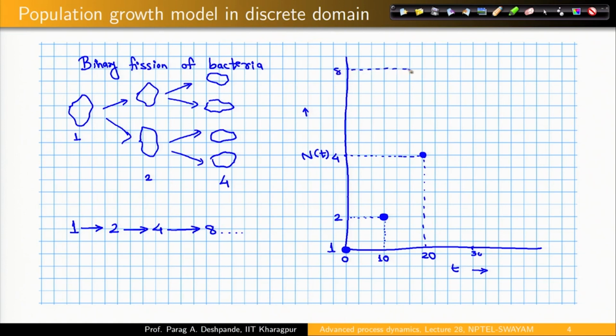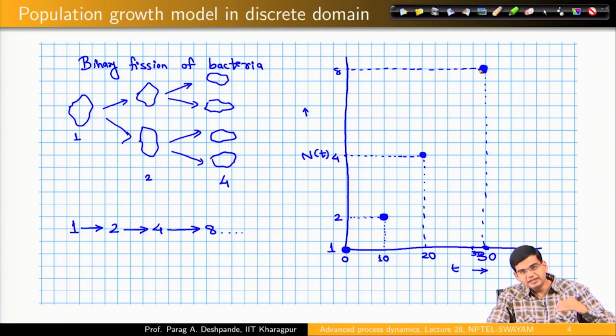So, now I have a situation like this, where let us say this is time 30, and this is my observation. So, what kind of a plot can I make?